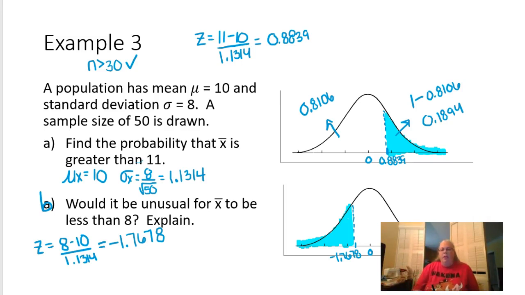And this time I think I'm going to use the ALEKS calculator on this one. Now when we put in the negative 1.7678, it should pop up and give me the area that I want right here because it gives the area to the left. So let's see.